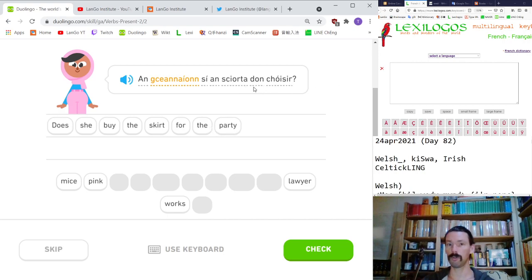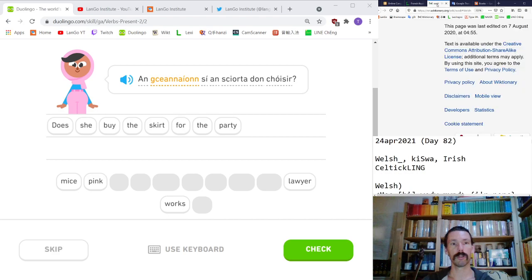So don is a fusion, do, and then the definite article. Cóisir with a C, basic form. It's a party. So the coming together part, that's probably the com prefix. Cóisir. Let's look that up. So even though I don't think O acute is used in French, this keyboard gives it to me.